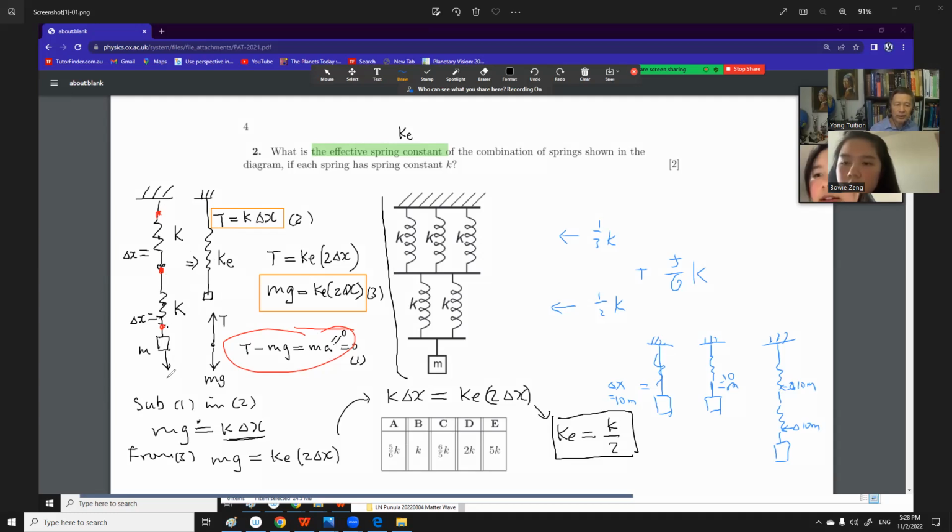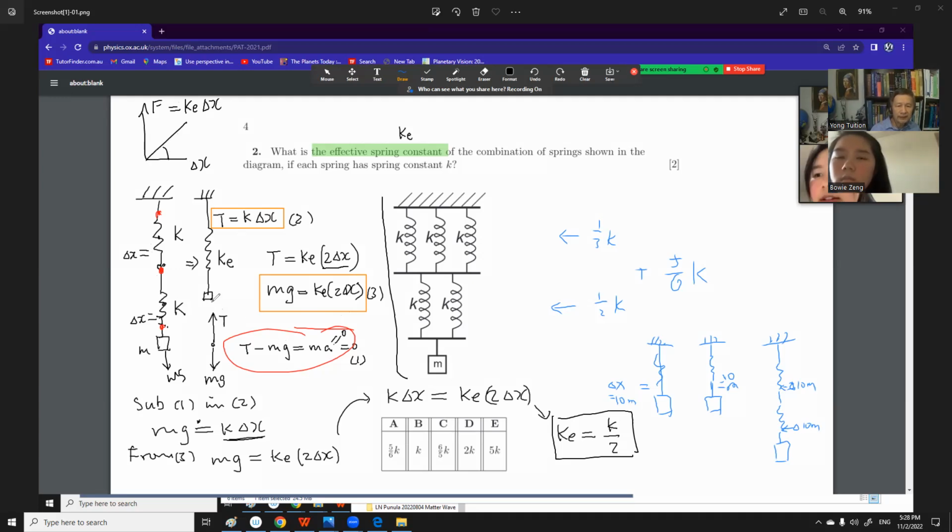So based on this idea, we work out the force at each spring. The tension is the same, because the total displacement will be delta x plus delta x. If they have displacement delta x and this force, that determines this. This force is proportional to the constant.